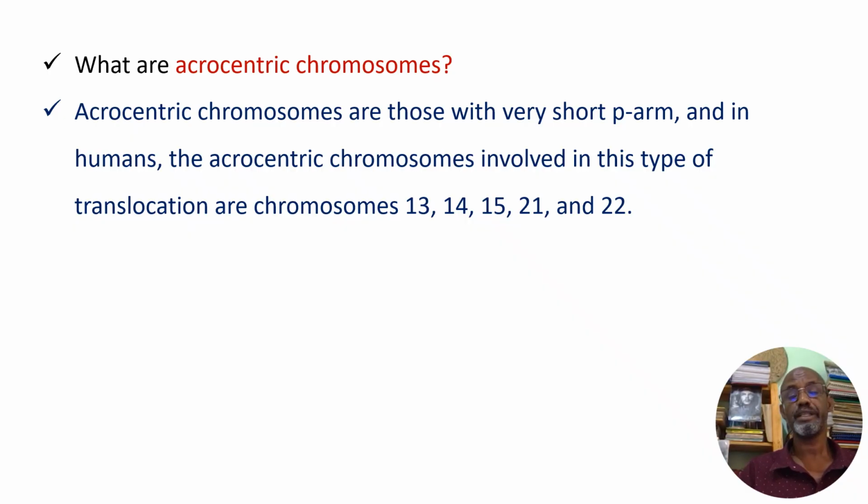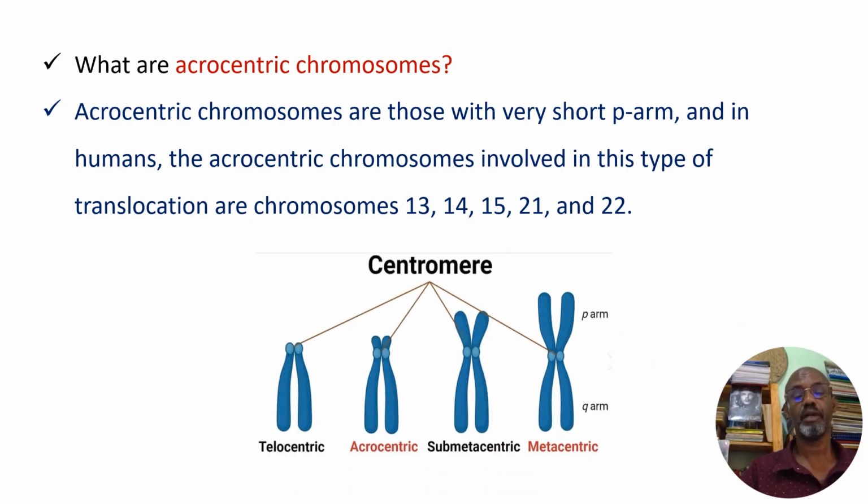And in humans, the acrocentric chromosomes involved in this type of translocation are chromosomes 13, 14, 15, 21, and 22. These chromosomes in humans are the acrocentric chromosomes, so they are involved in Robertsonian translocation. We shall see them one by one. You can see here a diagram of chromosomes and the classification of chromosomes based on the centromere.